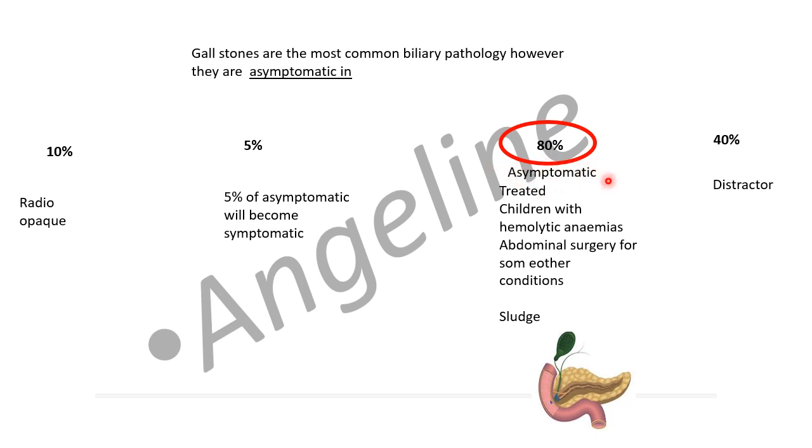Now, even asymptomatic gallbladders are treated with special indications, like in children with hemolytic anemias, or you're going to do an abdominal surgery for something else, and there are stones, you can remove them, or there is sludge in the gallbladder. Now you see the word sludge, they are very fine particles.